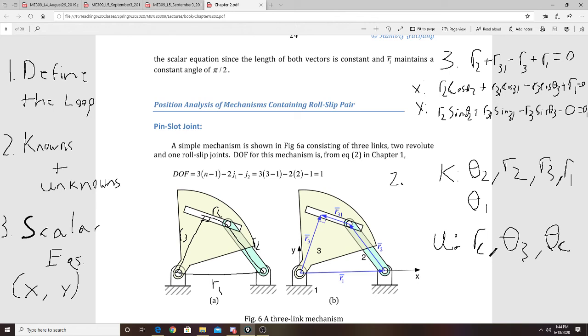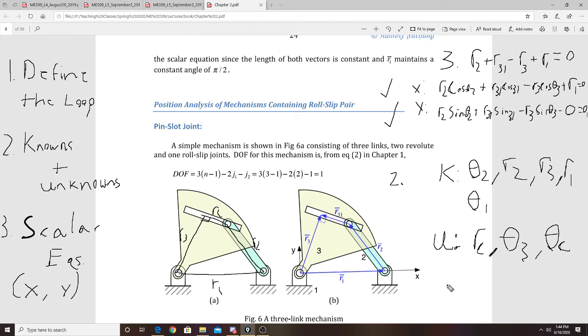How many equations do we have? And this one doesn't count, by the way, because essentially this is just a governing equation without real directions to it. It's just the vector equation. It's basically the same as this one, just broken up into components. We have 2, that is correct. We have this one and this one.